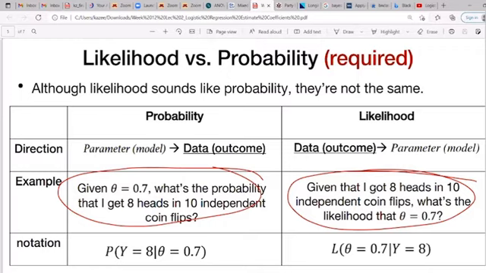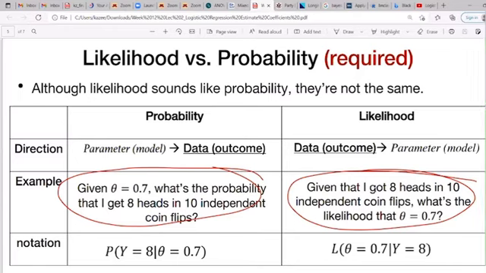Now, if you look at the one that says given that theta equals 0.7, given that 70% of the time we normally see heads when you flip a coin, what is the probability if I flip a coin 10 times that I'm going to see 8 heads?